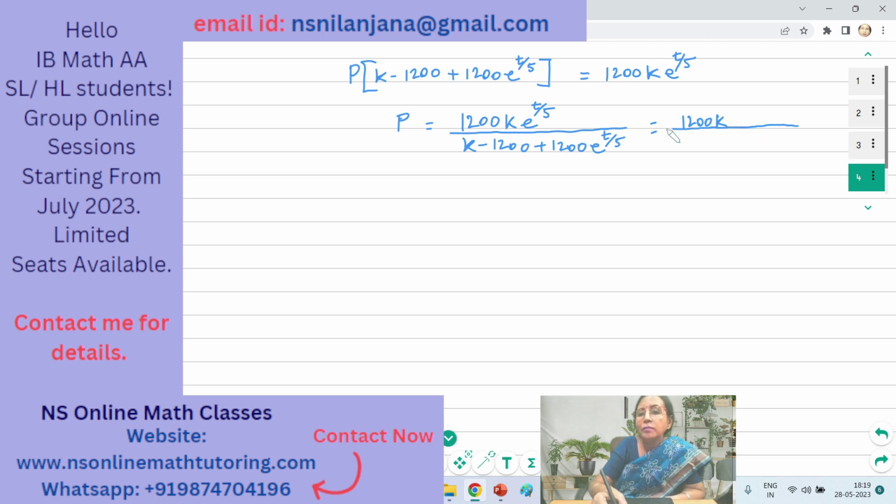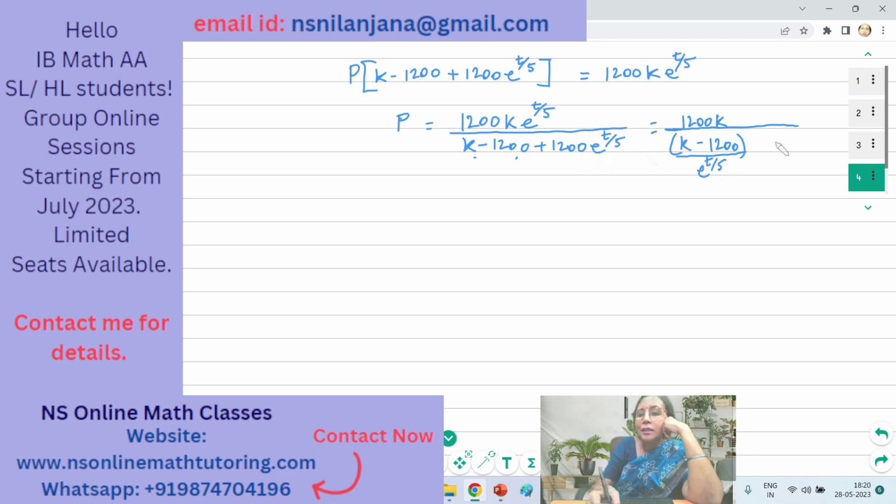So we have got the numerator correct definitely. And then this will get multiplied by e to the power of t over 5, and this also will be getting multiplied by e to the power of t over 5. So let us combine these two. We are dividing by e to the power of t over 5.